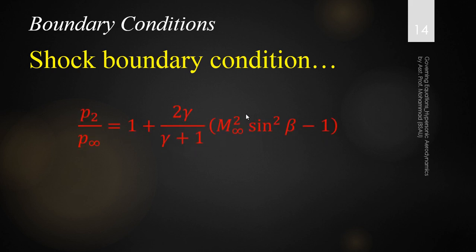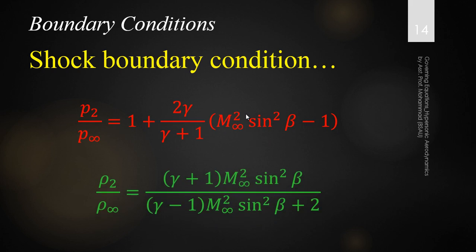At the shock you have the pressure ratio P2 by P infinity. P2 is the pressure after the shock, and P infinity is the free stream pressure. Normally you take P1, but we have now converted P1 into P infinity. All the 1 values are free stream values.